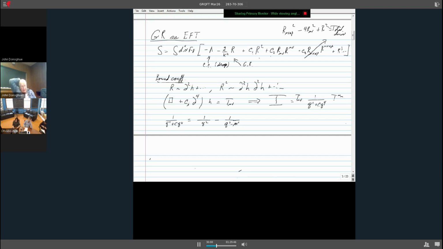Well, 1 over q squared plus c q to the fourth can be done in partial fractions. This is 1 over q squared minus 1 over q squared minus m squared.